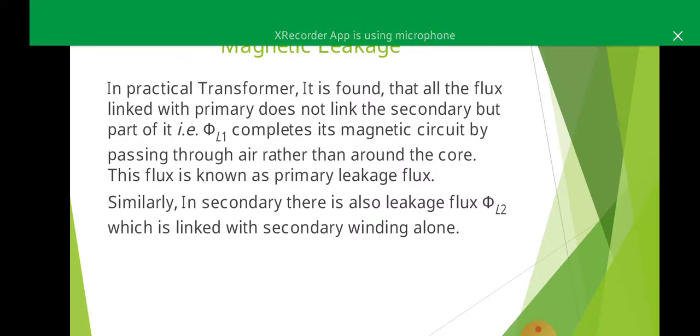The secondary ampere turns N2 I2 are known as demagnetizing ampere turns. The opposing secondary flux weakens the primary flux momentarily, hence primary back EMF E1 tends to be reduced for a moment. V1 gains the upper hand over E1 and hence causes more current to flow in the primary.